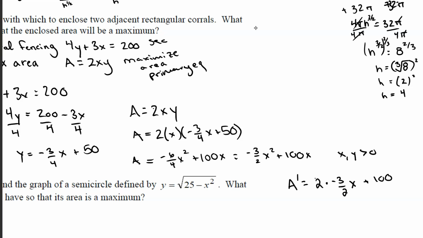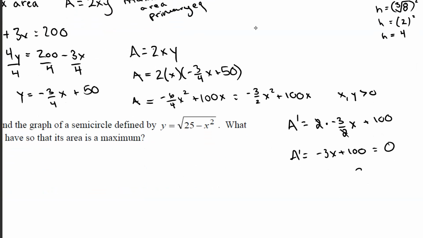So the 2's cancel. I've got negative 3x plus 100 as my derivative of area is equal to 0. Solve for x.